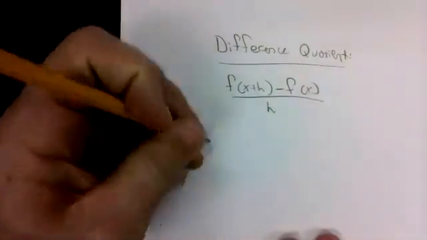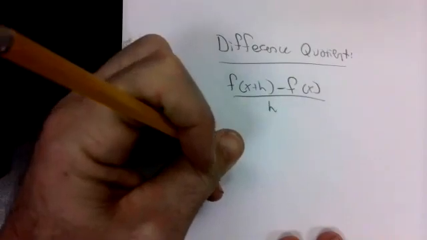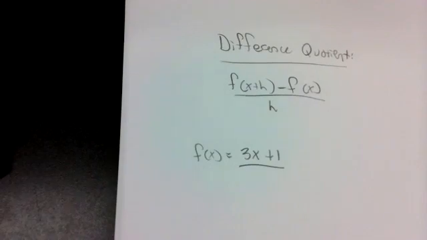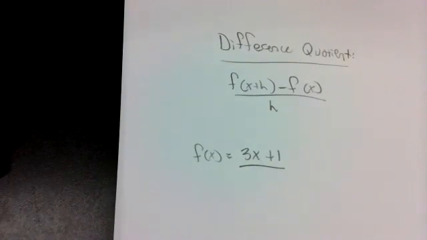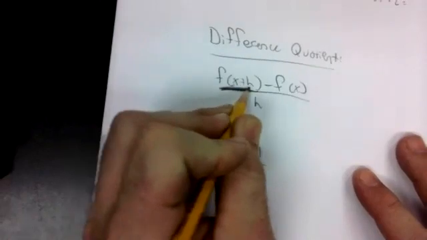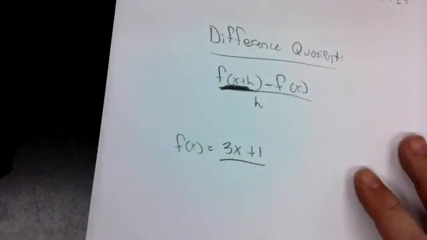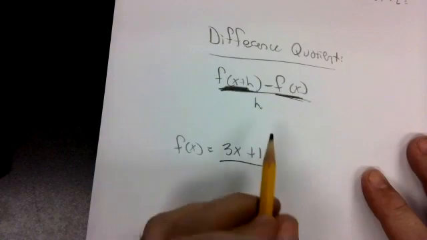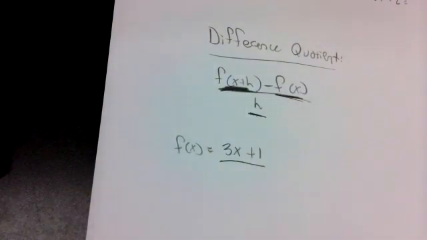So if we had a nice little linear function, like say f of x equals 3x plus 1, and they want us to find this difference quotient. Again, the difference quotient basically has 3 parts. You've got this f of x plus h, that's a part, minus f of x, and then all over h.